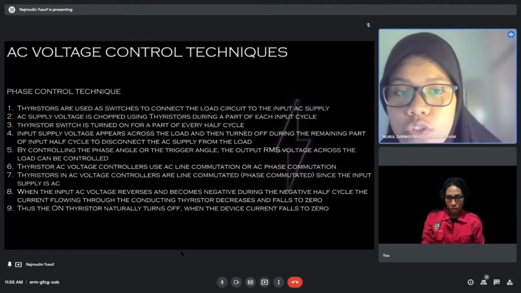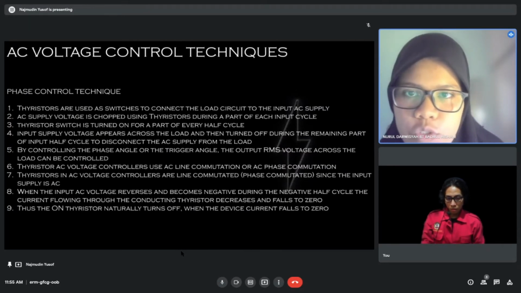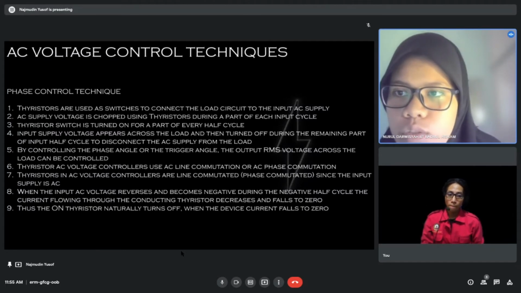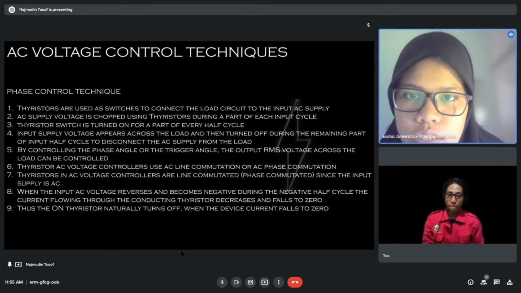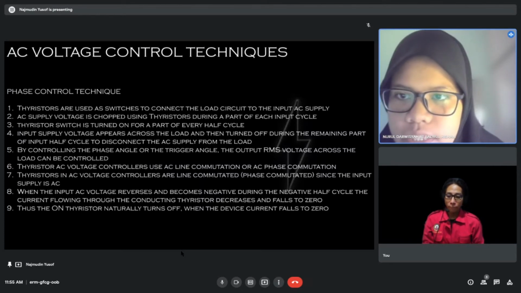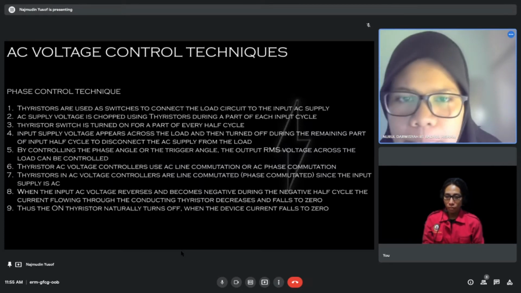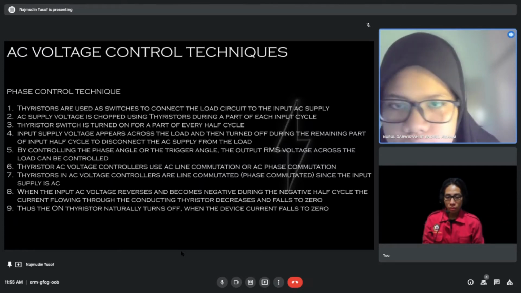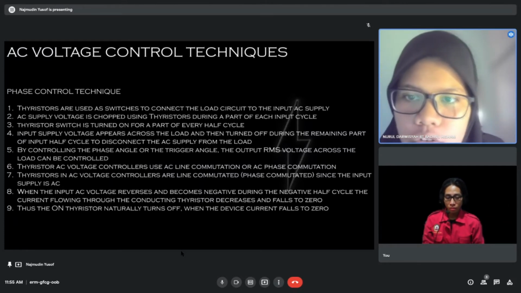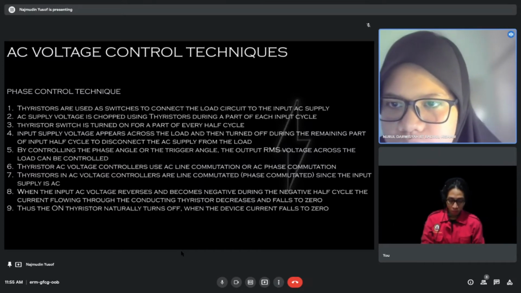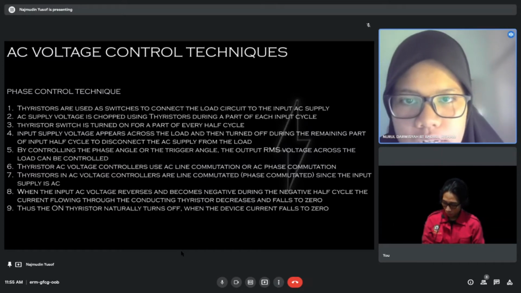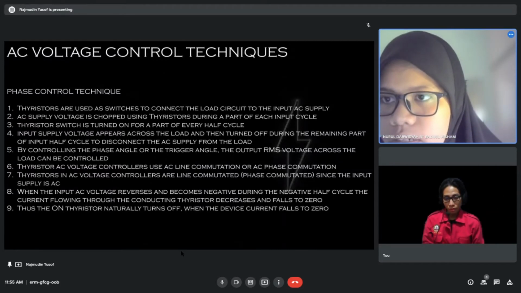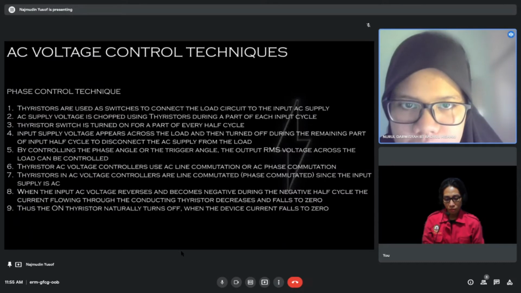AC voltage control techniques. Phase control technique. First, transistors are used as switches to connect the load circuit to the input AC supply. Second, AC supply voltage is dropped using transistor during a part of each input cycle. Third, transistor switch is turned on for a part of every half cycle.